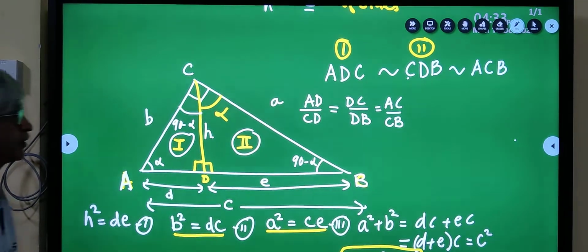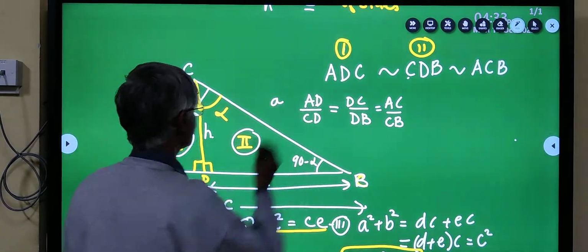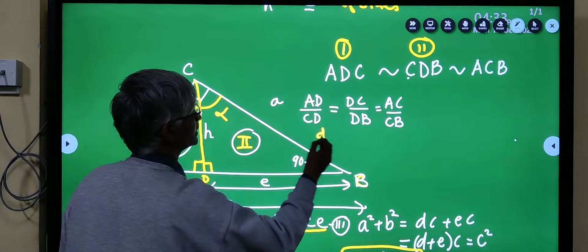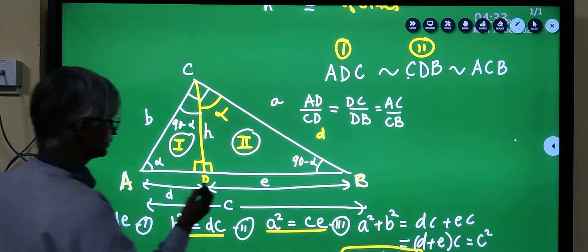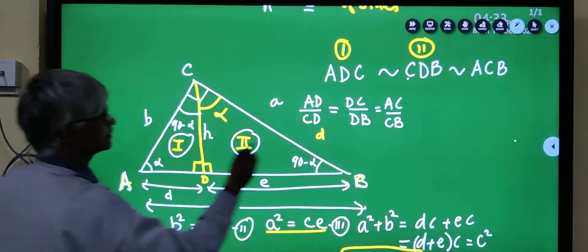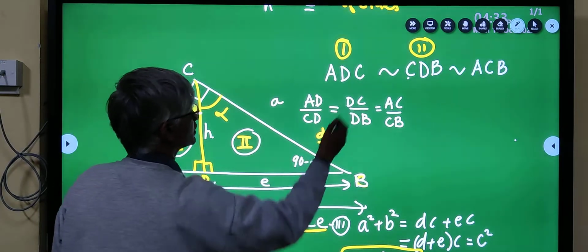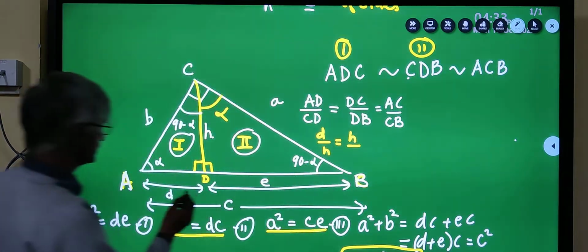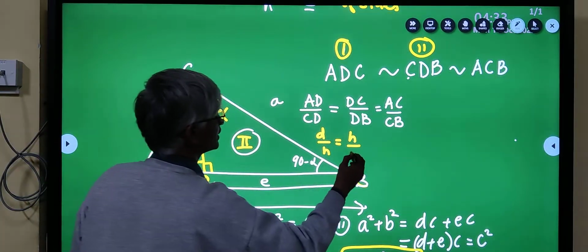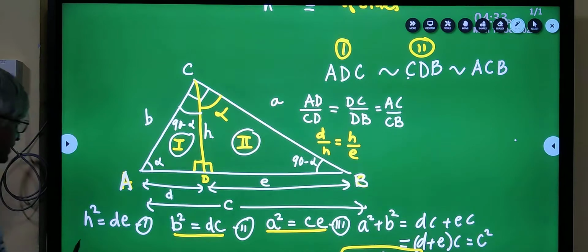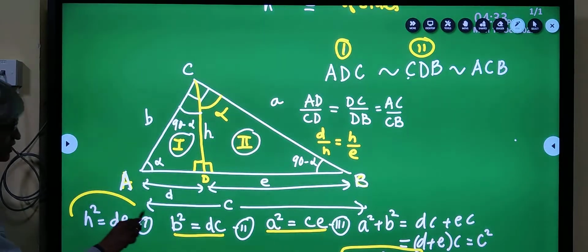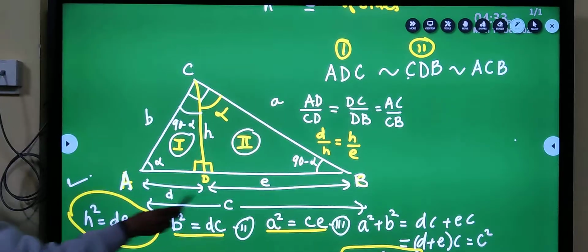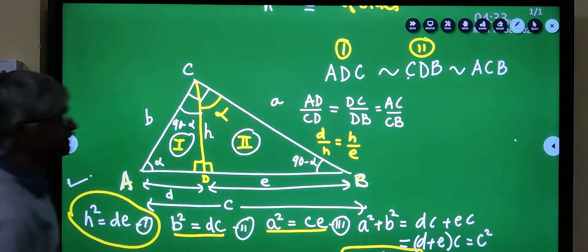So now let me just substitute. What is AD? AD is D, CD is H, DC is also H, DB is E. And you can see that I got my first formula. Very nice formula. H square is equal to DE.